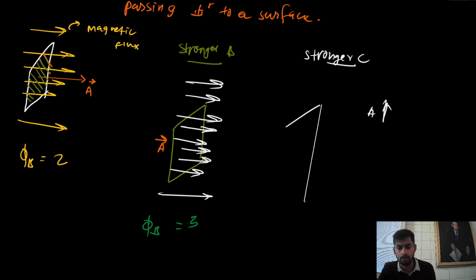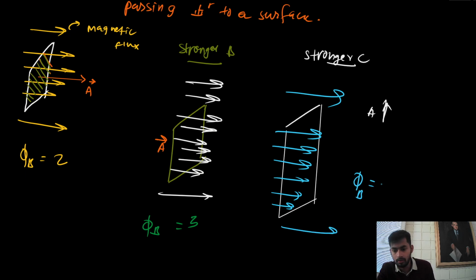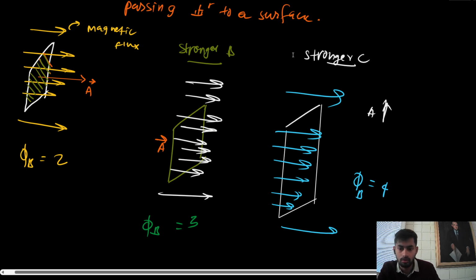I should take a bigger area. This is much better. Well, then let's say phi B equals 4.